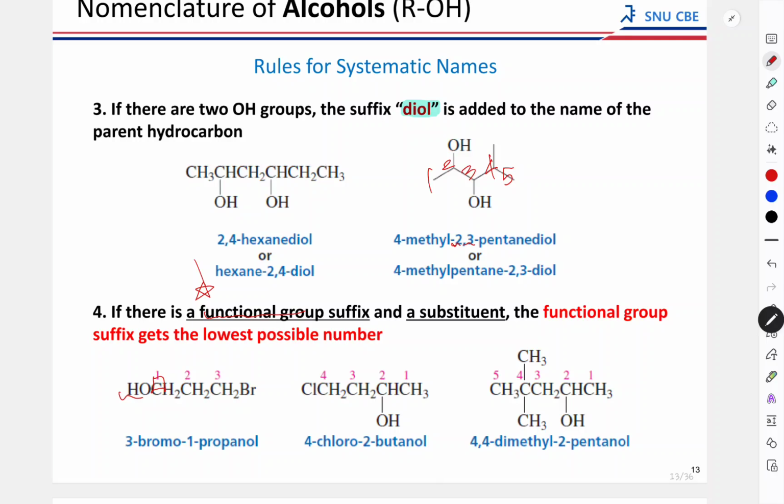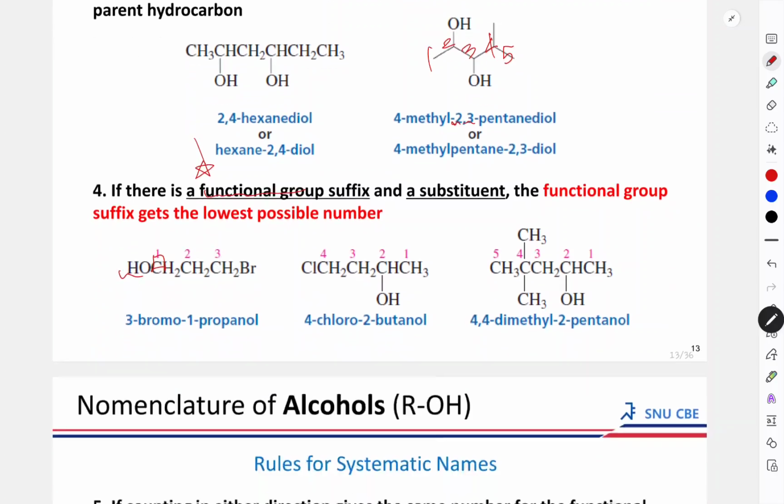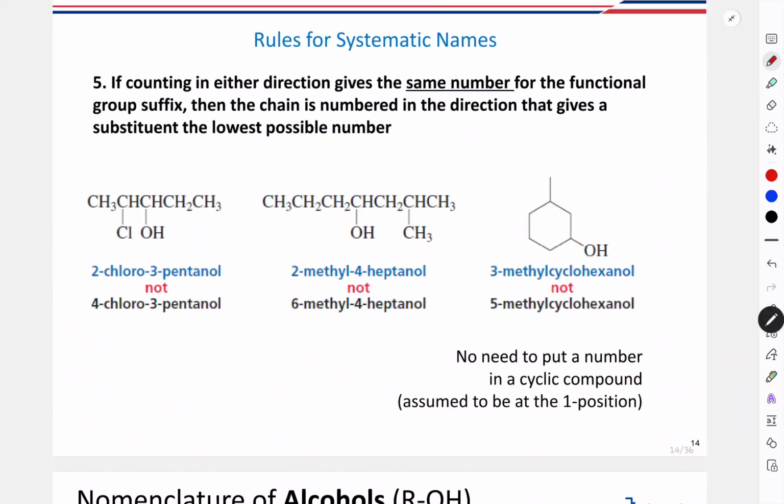So maybe you can take an example here. The first one, right? First, you can identify the longest possible chain that contains the alcohol, right? This one, and you have 1, 2, 3, 4, 5 carbons. So this is going to be pentanol at the end of the day. Logically, you can decide this as number 1, 2, and 3, right?